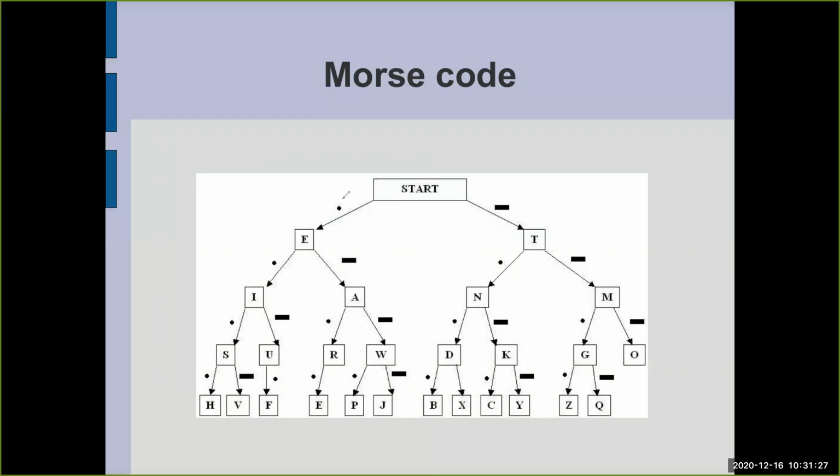E, for example, consists of a single dot, I consists of 2 dots, and so on. T is a single dash, N is dash and dot, and so on. So Mr. Morse, who invented this code, analyzed fonts in a print house.